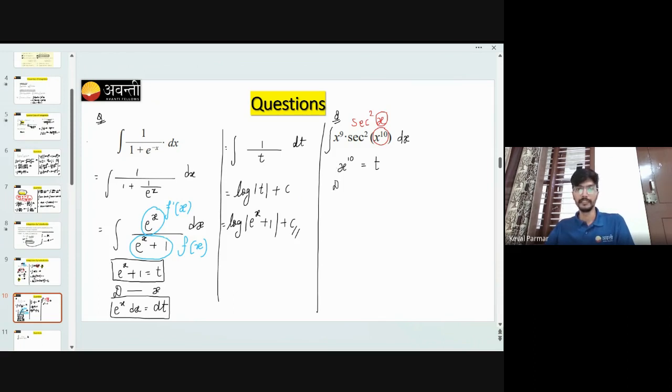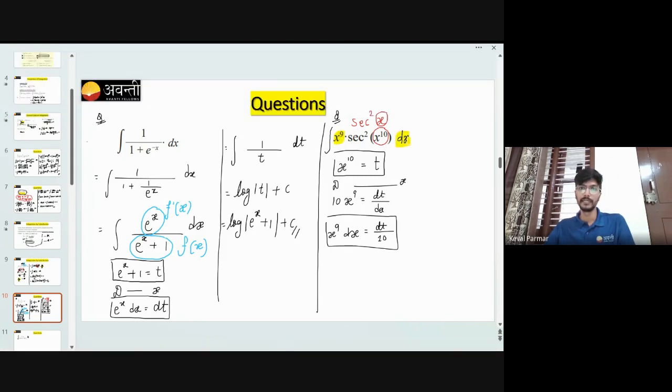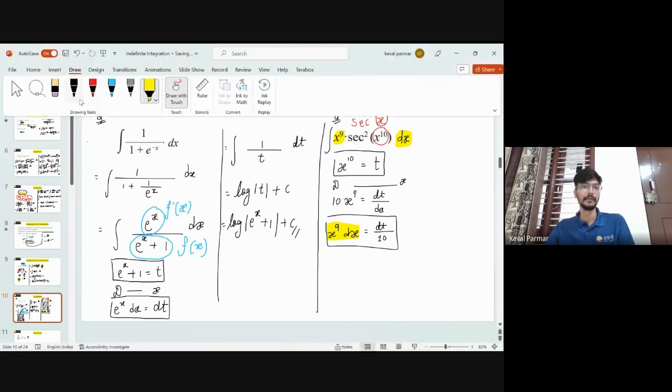Now, if I differentiate with respect to x, I will get 10 x raised to 9 is equal to dt by dx. That means if I cross multiply, I will get x raised to 9 dx is equal to dt upon 10. Now, if I use these both substitutions here, in place of x raised to 9 dx, I can write dt by 10.